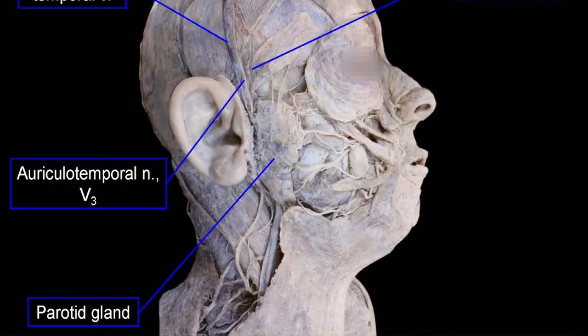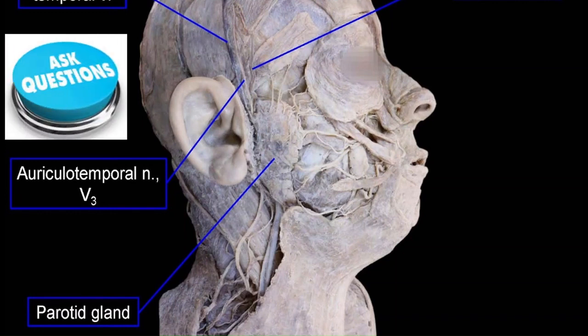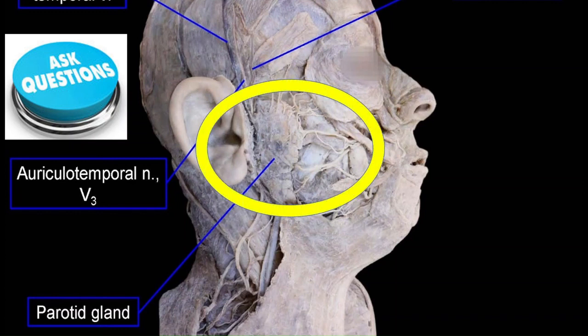Here is another cadaveric image, dissected head and neck, and we need to ask several questions about the features we see in this cadaveric image. When I say this is anterior to the external ear, you can see that this is the parotid gland under the skin, and that's the base of the parotid gland, and here is Stenson's parotid gland duct going anteriorly to the buccal area to pierce the buccinator and get into the mouth.